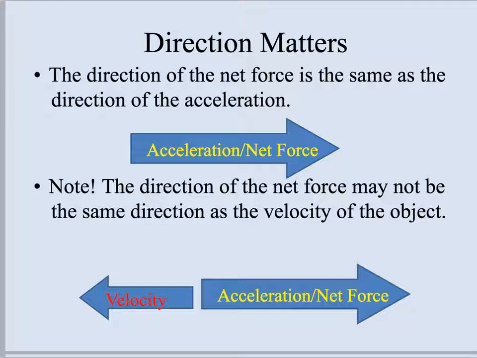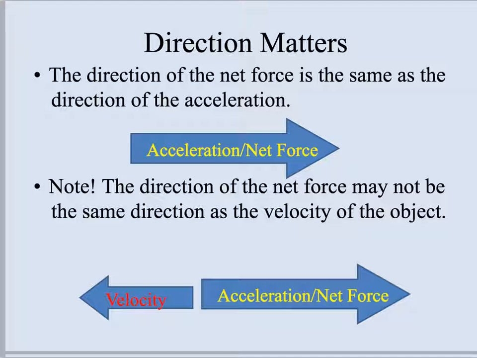I'll give you an example. If you are driving a car and you are coming to a stop sign, you are going to eventually come to a complete stop. Your velocity is towards the stop sign. But because you are slowing down, your acceleration is in the opposite direction of the velocity, and therefore your net force is in the opposite direction of velocity.